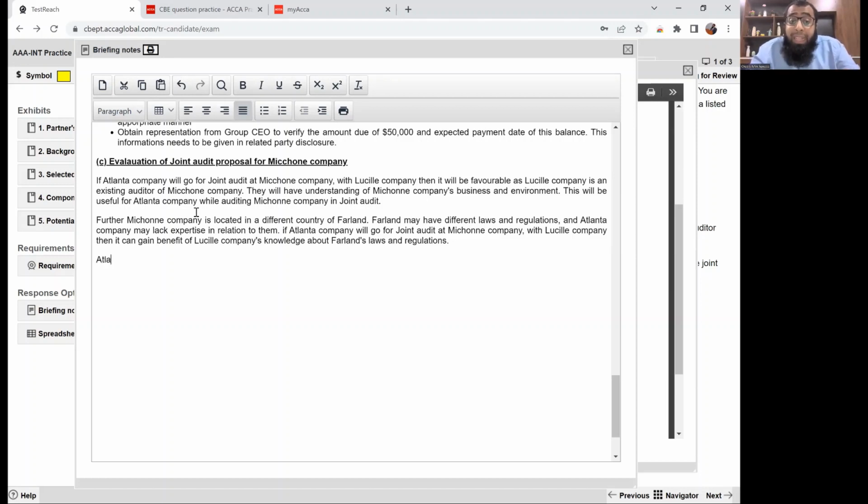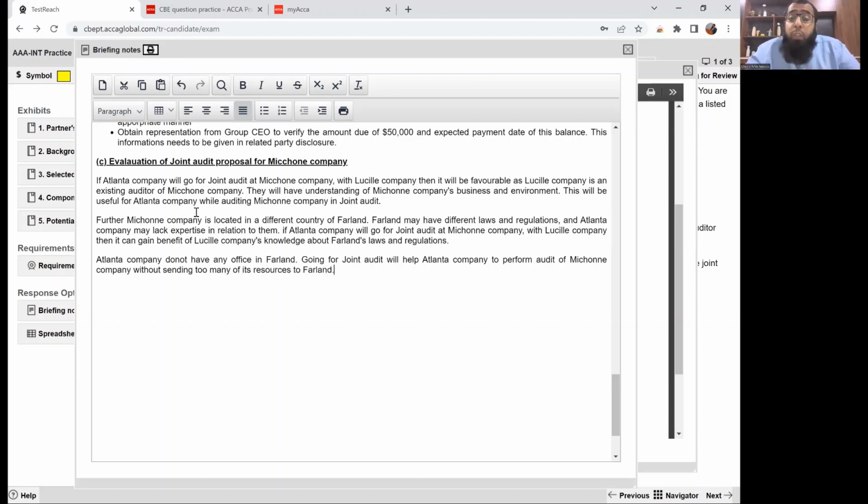Then, Atlanta company does not have any office in Farland. Okay, going for joint audit will help Atlanta company to perform the audit of Mikon company without sending too many of its resources to Farland.